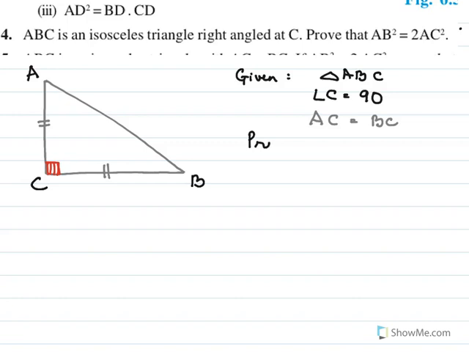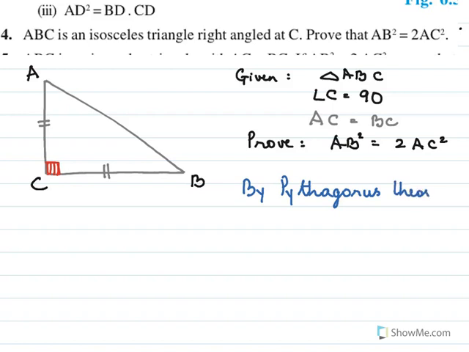And we need to prove AB square equal to twice AC square. So we start the proof. So by Pythagoras, we know it is a right angle triangle. So we can use Pythagoras theorem. Angle C is 90. Therefore, who is the hypotenuse? AB is the hypotenuse.